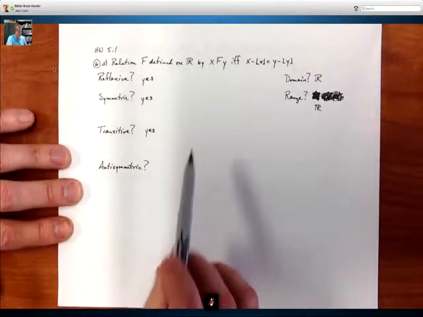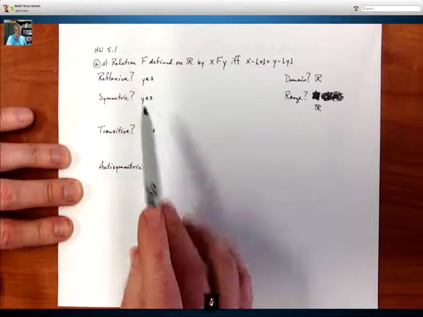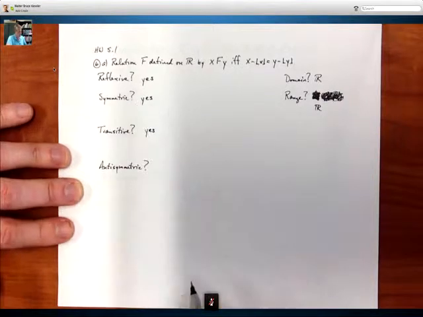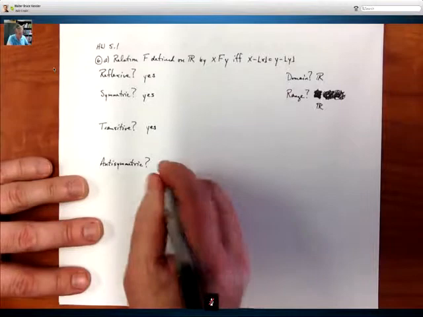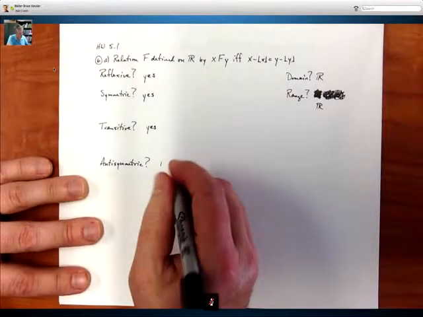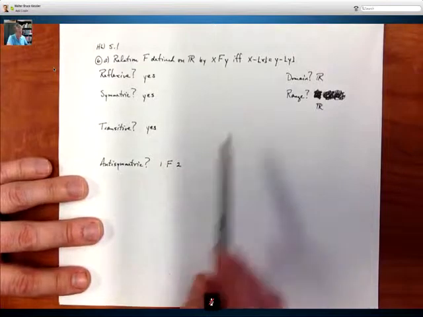Antisymmetric? No, it's not going to be antisymmetric because it's symmetric with everything in the world that's in there, right? And you just need to come up with one example. One is related to 2, right?